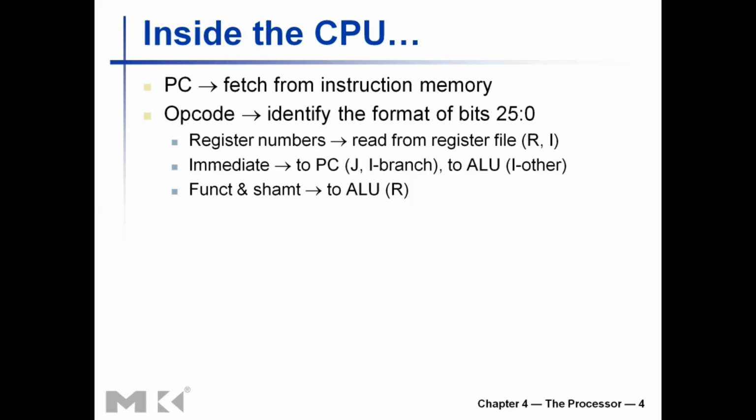So the next three 5-bit fields are register numbers. Then after that, you may have a shift amount, and you may have a function field to tell the ALU what you're supposed to do. Otherwise, it is an I-type instruction.